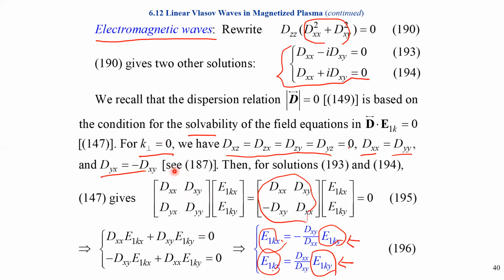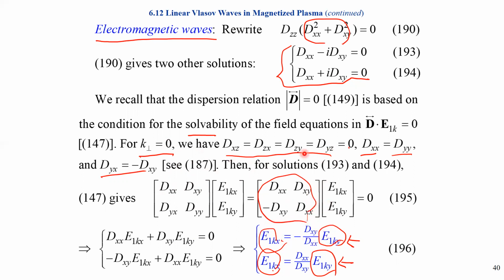And we know the perpendicular component is 0. So the wave is propagating along the magnetic field. So other components are 0. Therefore, the determinant is simple. It's here, okay? So the coefficient is very easy, just this one.